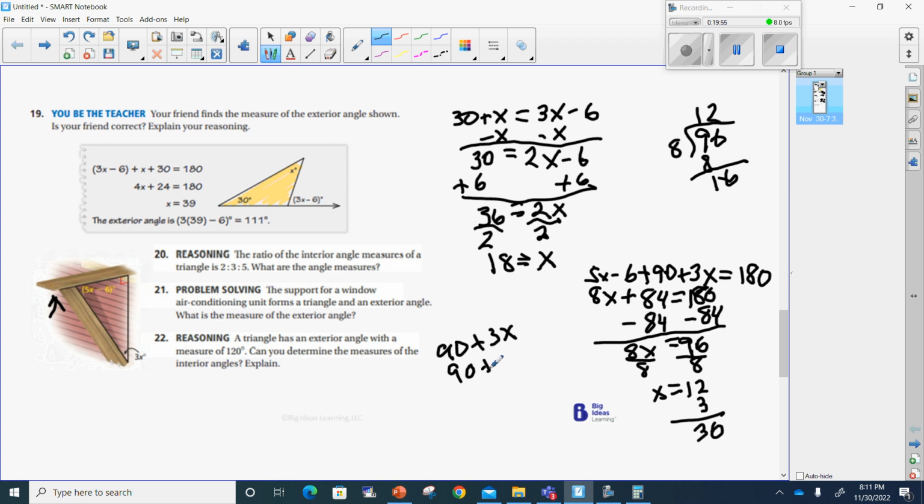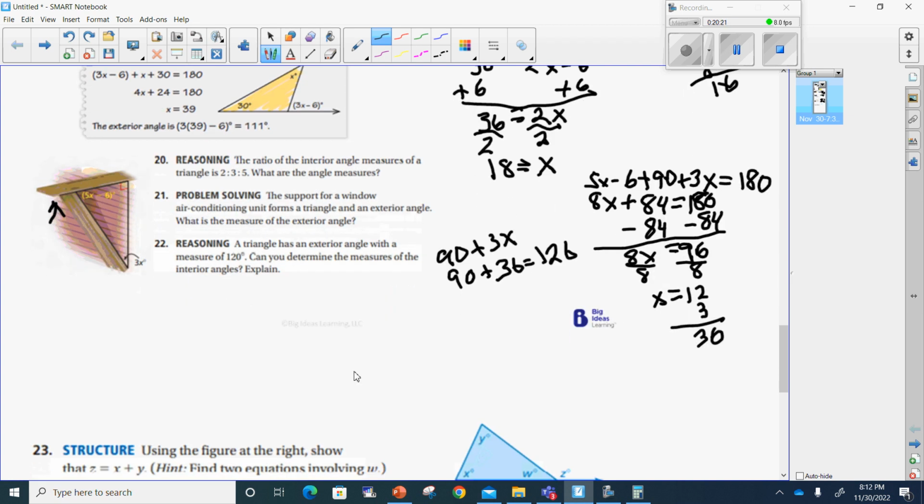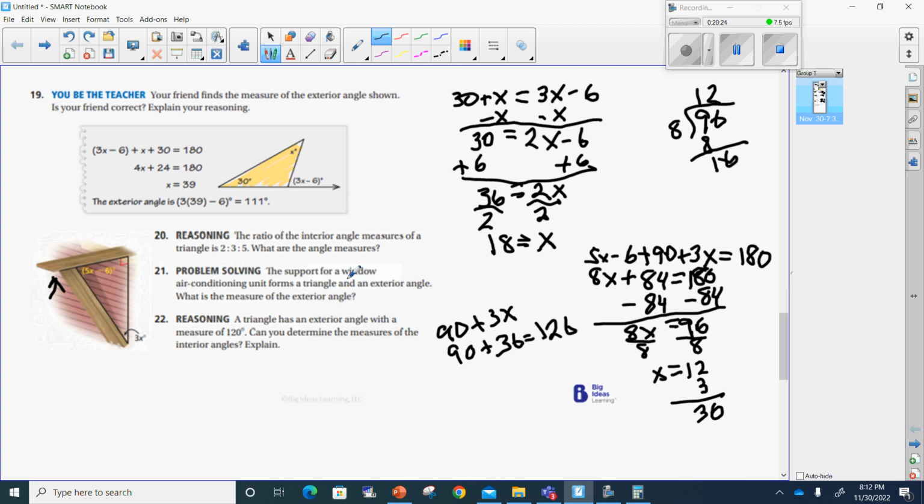It's 12 times 3. We already saw that was 36. That's going to equal 126. All right, that was number 21. That was the answer to this, by the way, 126 degrees.